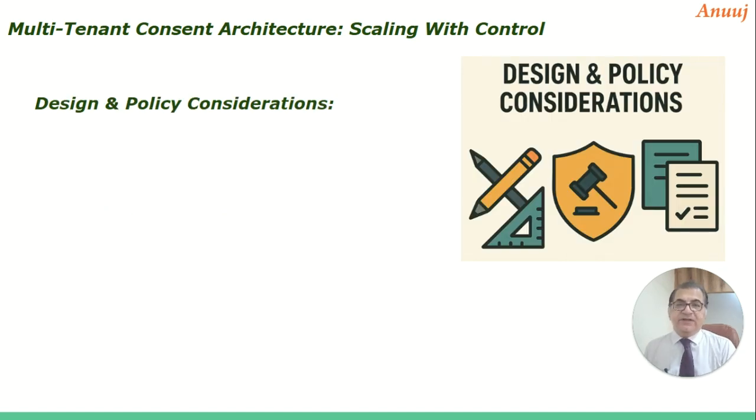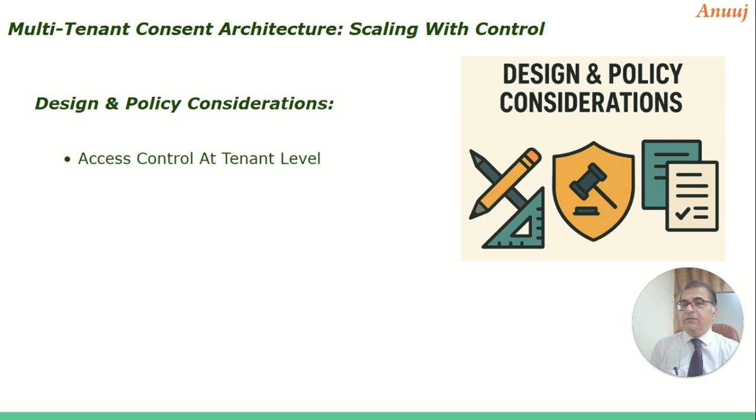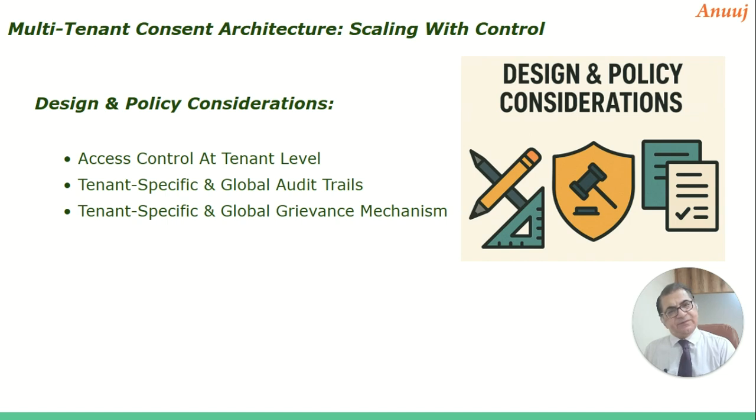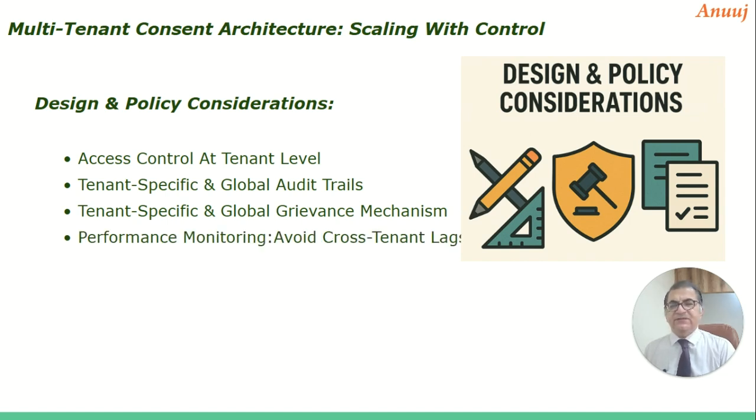What are the design and policy considerations for them? The access control is at the tenant level. Maybe you have a super admin who needs everything, but ideally at the tenant level. Then, as I mentioned earlier, also tenant specific as well as global audit trails, tenant specific as well as global grievance mechanisms, performance monitoring to avoid any cross tenant lags.